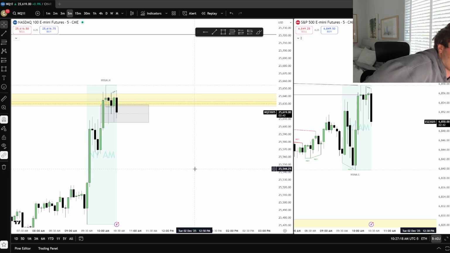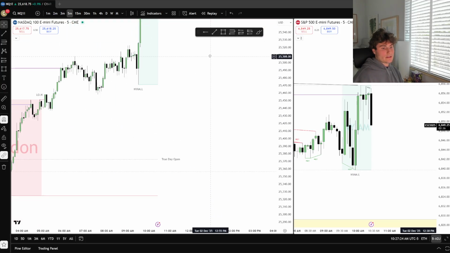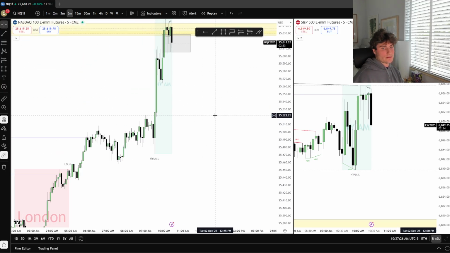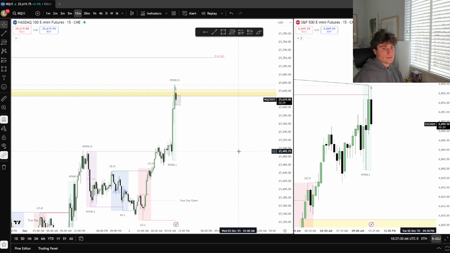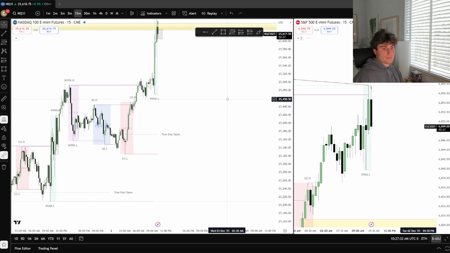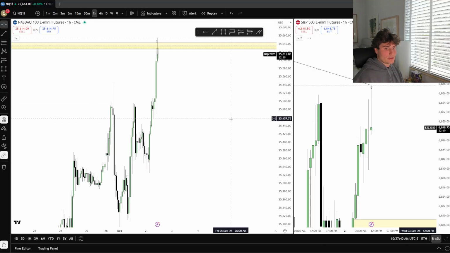Okay, so let's see if we get this 5 minute inversion. If we get this inversion, I'll take this all the way to London lows. Actually, no, I won't.